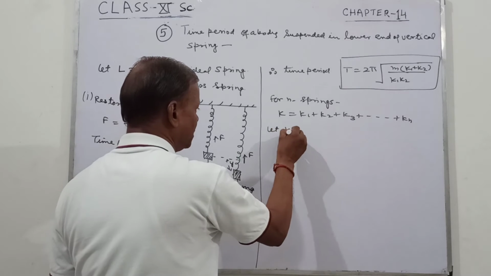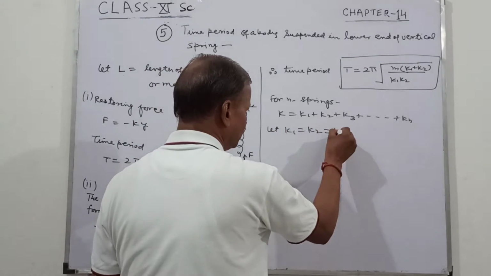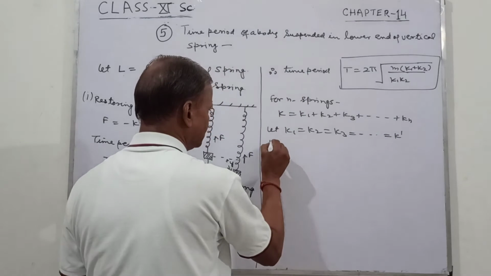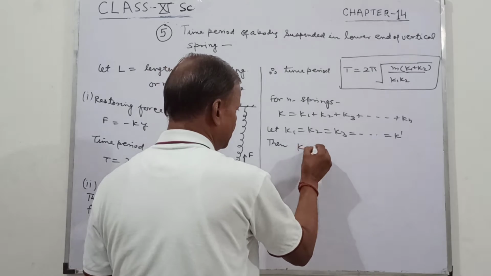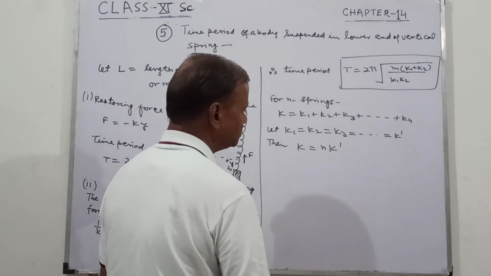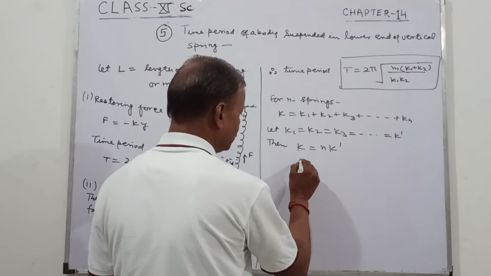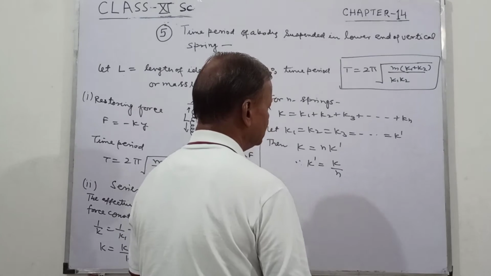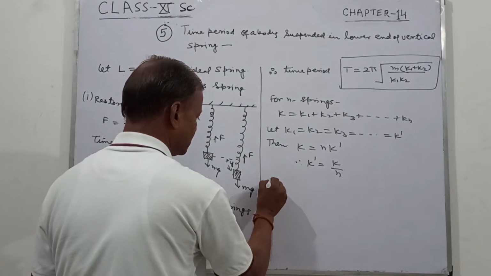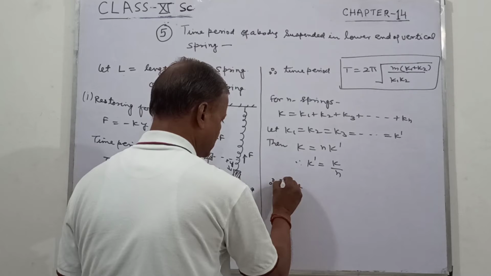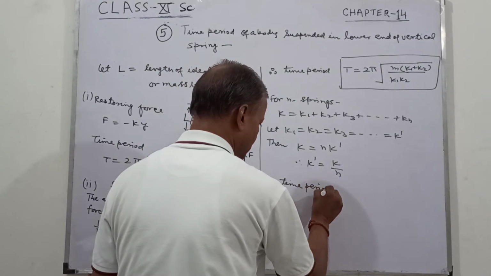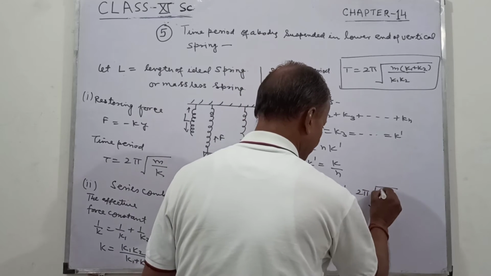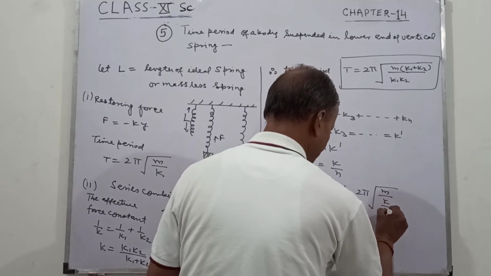Let K1 equal K2 equal K3 and so on equal K dash, then K equals n K dash. So K dash equals K upon n. Therefore the time period T dash equals 2 pi square root of m upon K upon n.